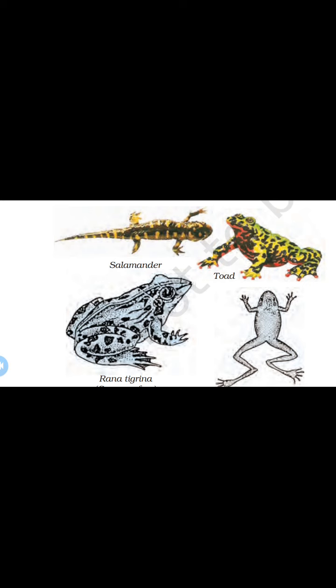They have a 3-chambered heart, and respiration is through either gills or lungs. These animals lay eggs. They are found both in water as well as on land. For example, salamander, toad, common frog, and tree frog are familiar examples of the Amphibia.